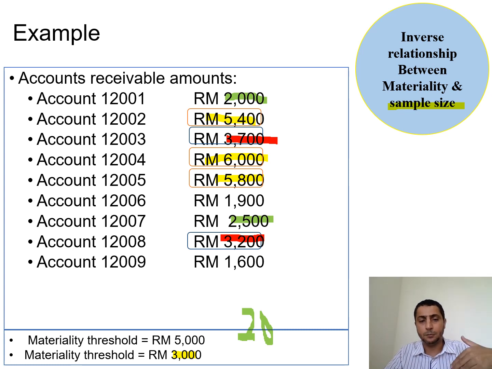So the higher the materiality, the smaller the sample size; in other words, the lower the materiality, the larger the sample size, which means there is an inverse relationship between materiality and sample size.